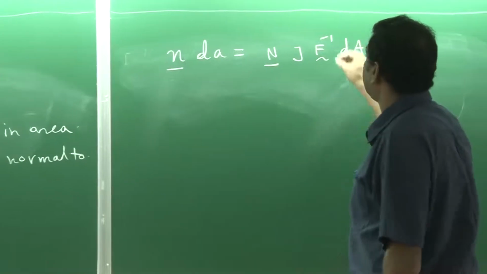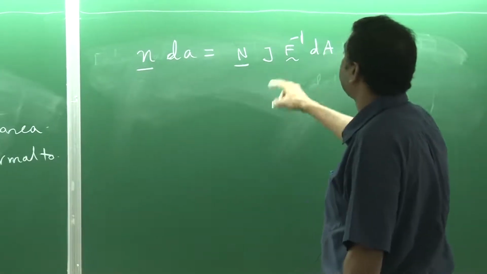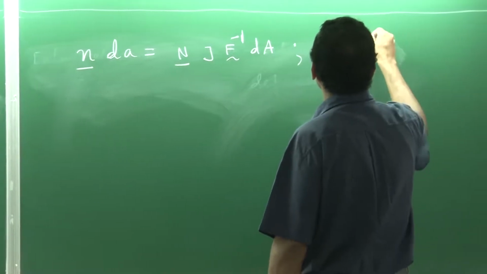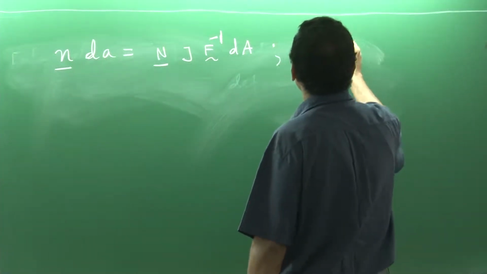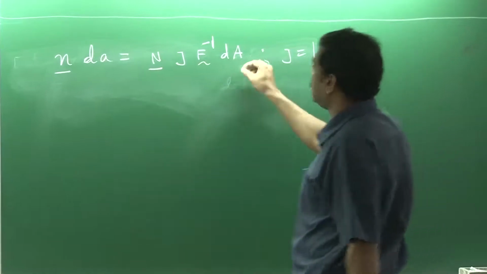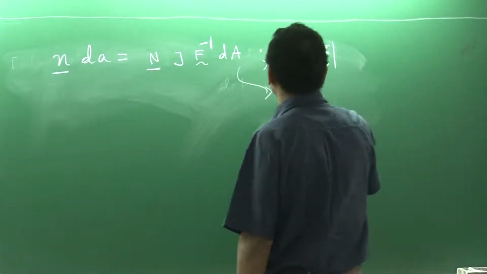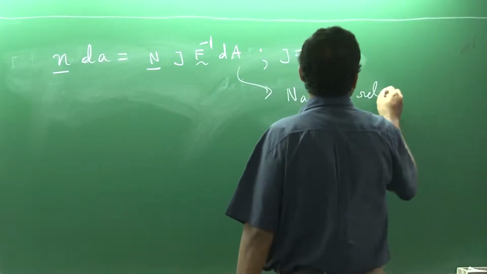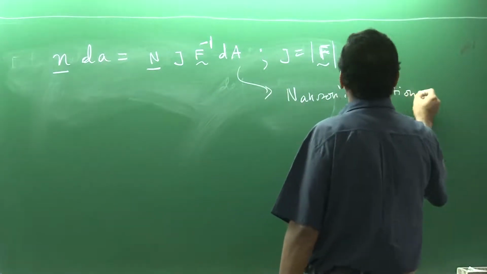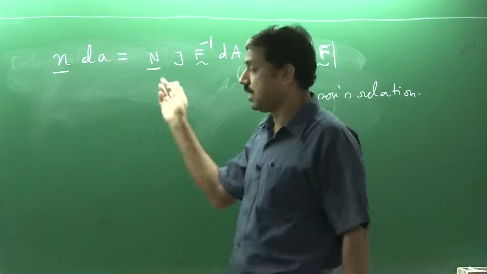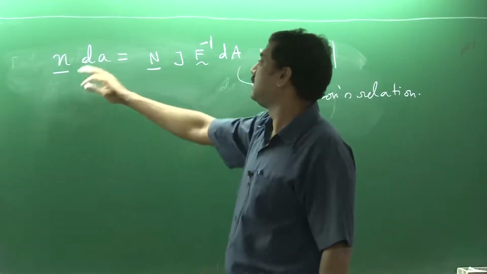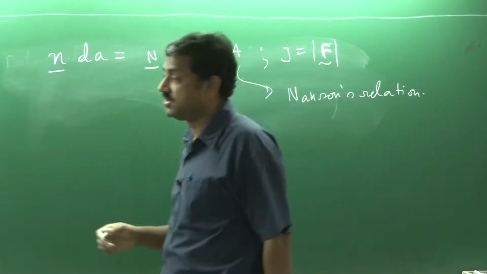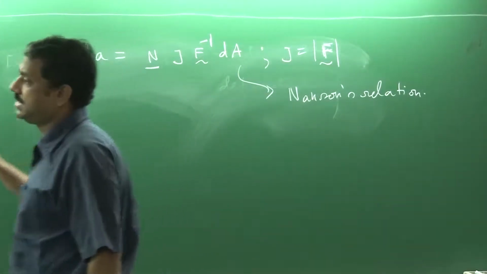Can you see this relationship? Where J is the determinant of the deformation gradient. This relationship is the area mapping. It is also called Nanson's relation. It relates the area, or the unit normal, in the deformed and undeformed configuration. Now you combine this with this.